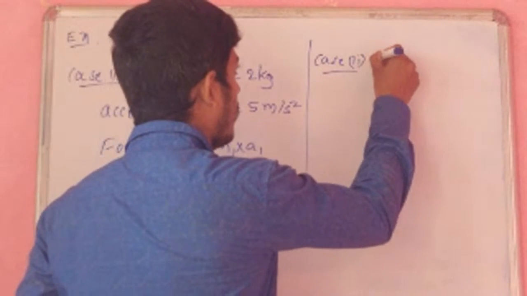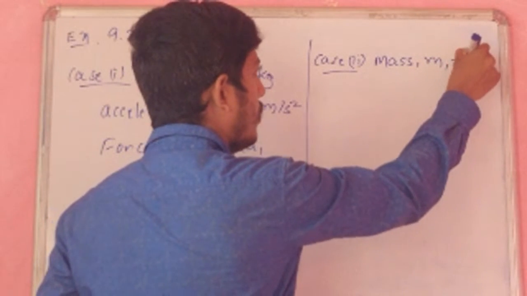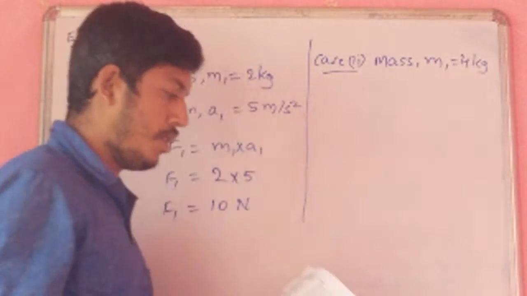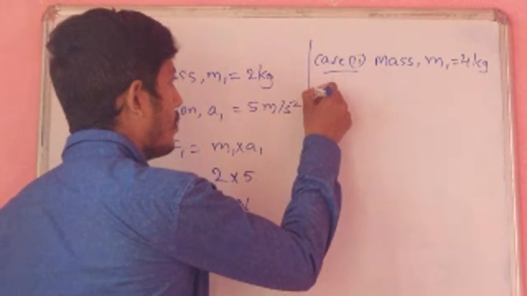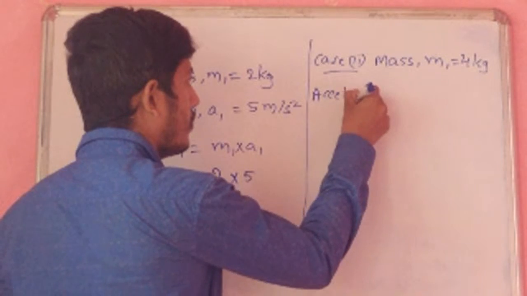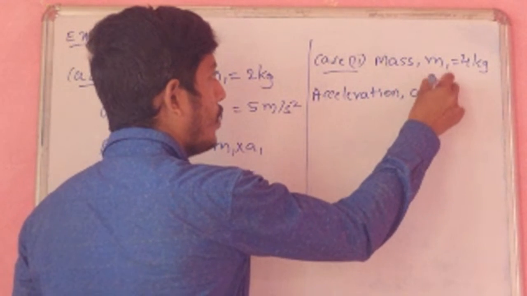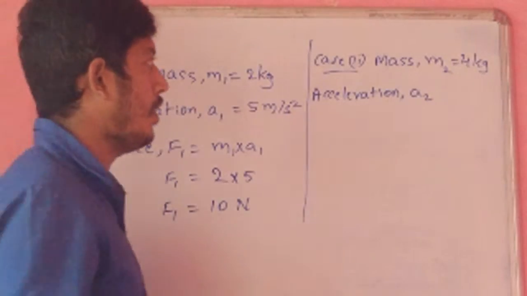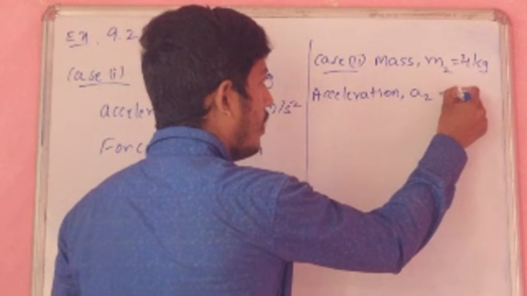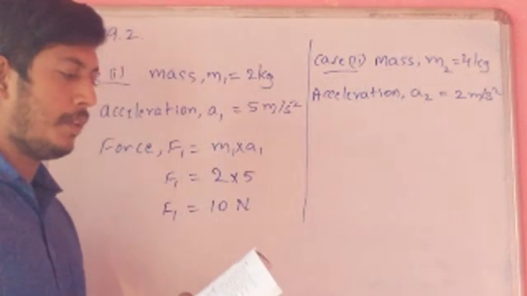Mass m2 equals 4 kg, sorry, it is not m1, it is m2 for case 2, and the acceleration is a2, that is 2 meter per second square.